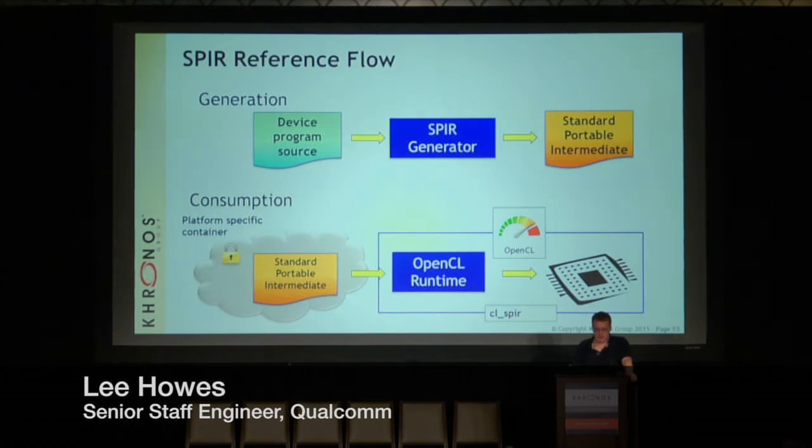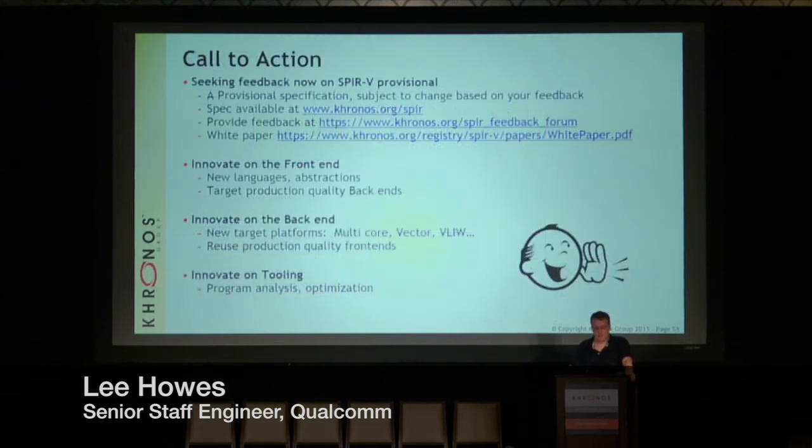So this is the reference flow, basically what I talked about before, separate generation from consumption. And at the moment, we have a couple of tools. We have a C and C++ compiler and a patched Clang already in development, as well as these converters. So we are seeking feedback on this and the provisional 2.1 specifications.